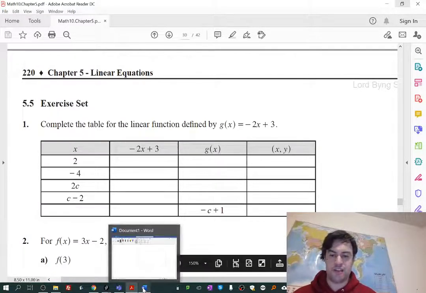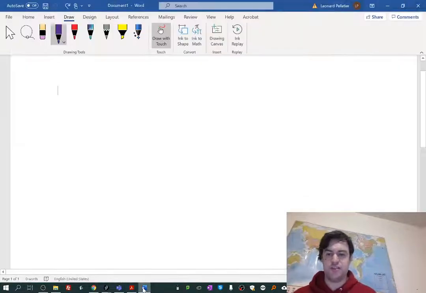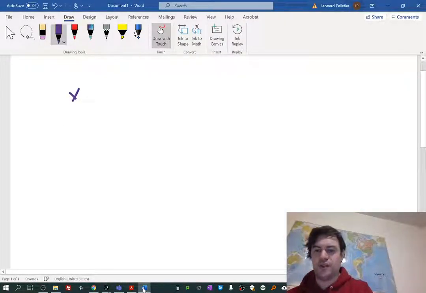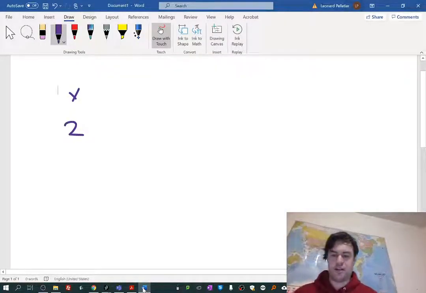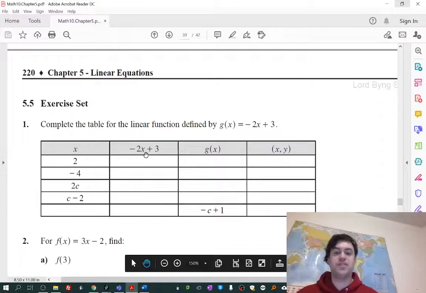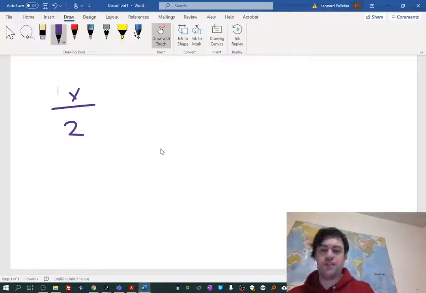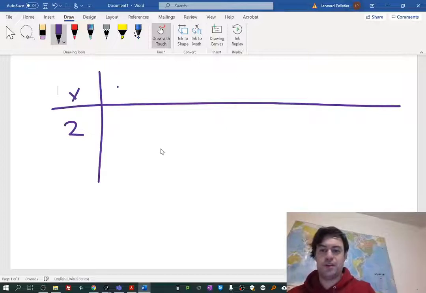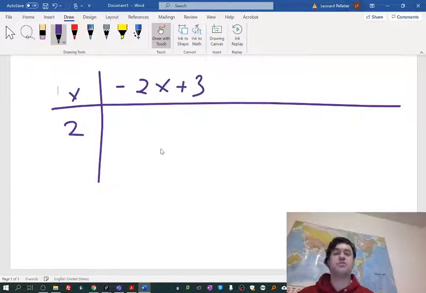And I'm going to try and do some of this. So if x is 2, then minus 2x plus 3, we're just going to substitute 2 into this equation. So we get minus 2 times 2 plus 3, which is going to be minus 1.